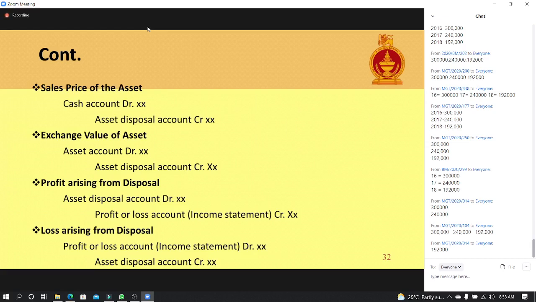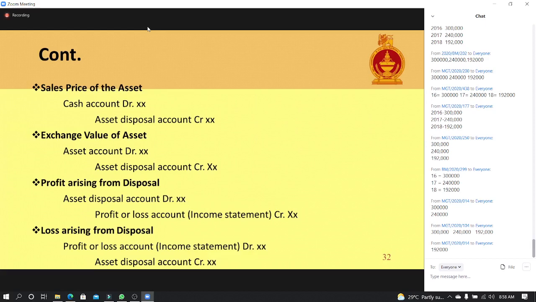So at that time, we debit the disposal account and credit the income statement. If we incur a loss, at that time we debit the amount to the income statement and credit the disposal account.